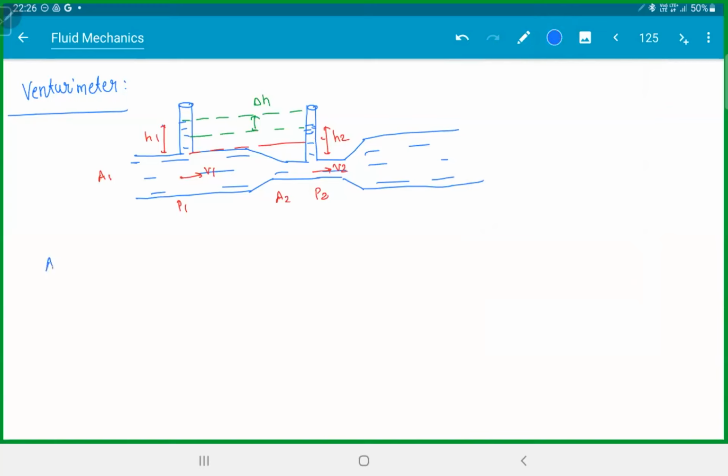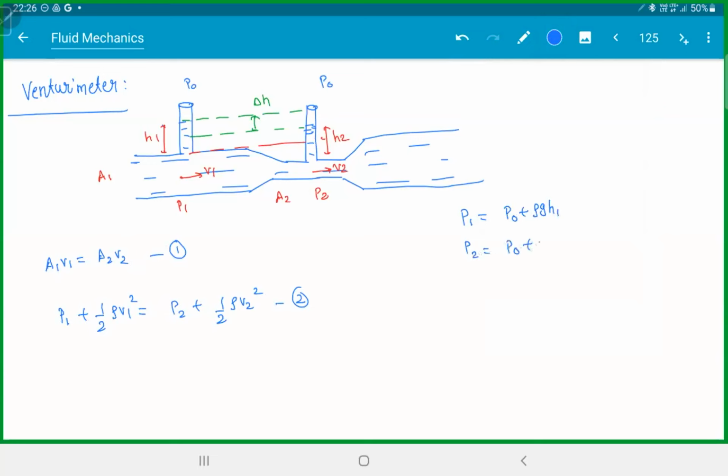First thing, the equation of continuity: a1 v1 = a2 v2. Next, Bernoulli's equation at 1 and 2: P1 + half rho V1 square = P2 + half rho V2 square, since the height is the same. What is P1? Taking the pressure from the topmost point, this is P0 and P0. P1 is nothing but P0 + rho g H1.